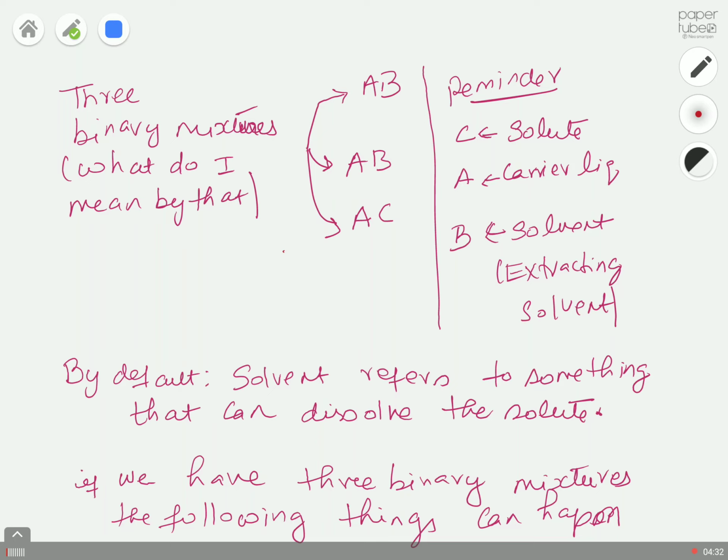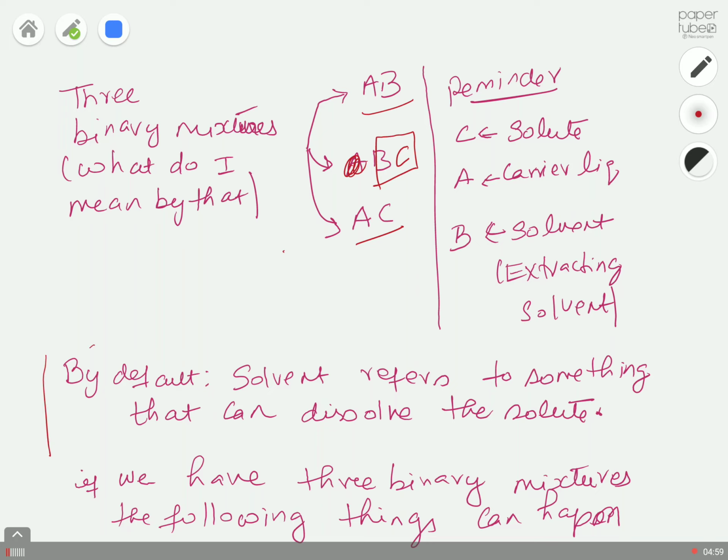A and B can form one liquid mixture, A and C can form one liquid mixture, and B and C can form one liquid mixture. And I'm going to remind you again and again: C is your solute, A is your carrier liquid, and B is your extracting solvent, or if you want to call it just a solvent.